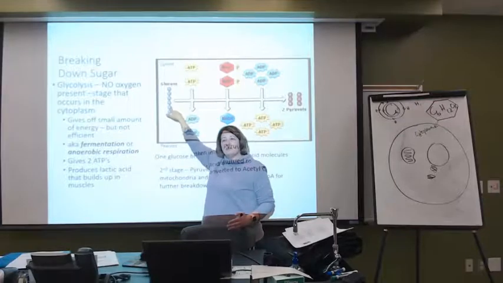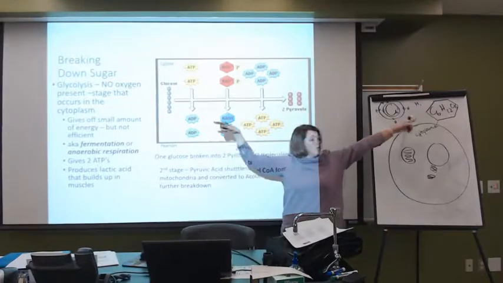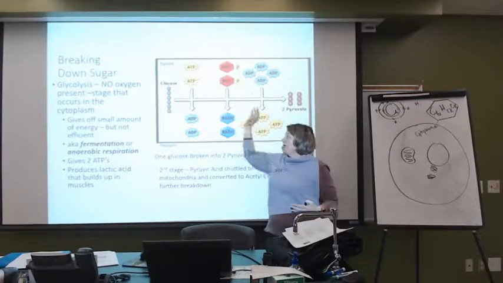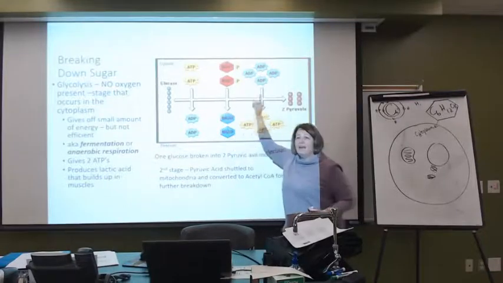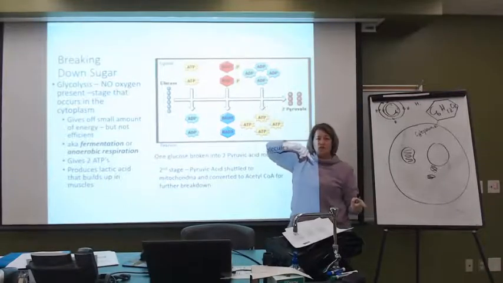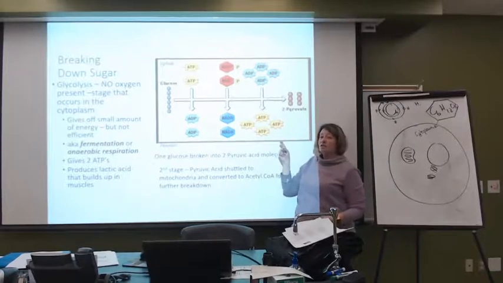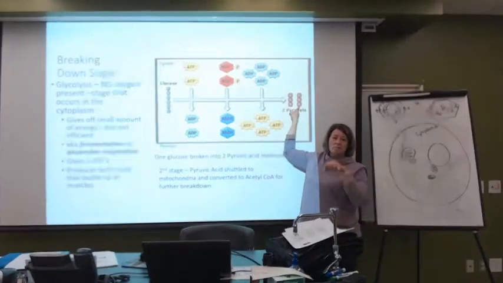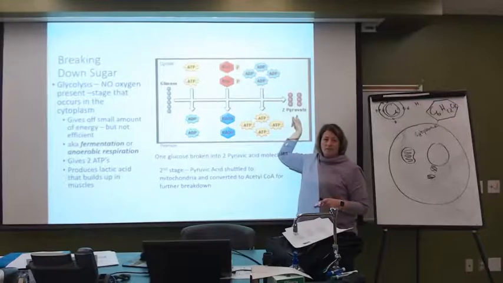It has taken those 6 carbons, which have hydrogens, okay, in all those little proteins that were present, and it has rearranged that 6 carbon into 2 3 carbons, which are my pyruvates.